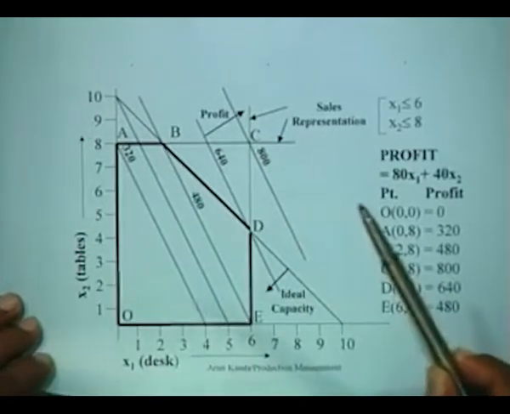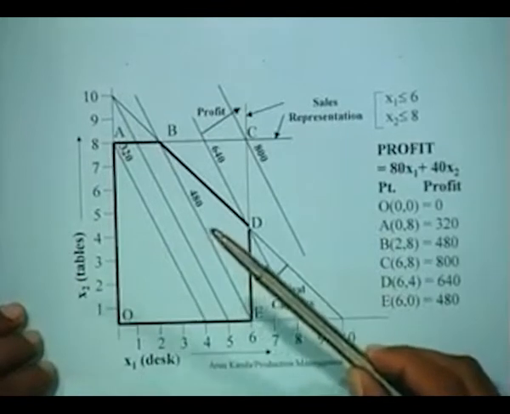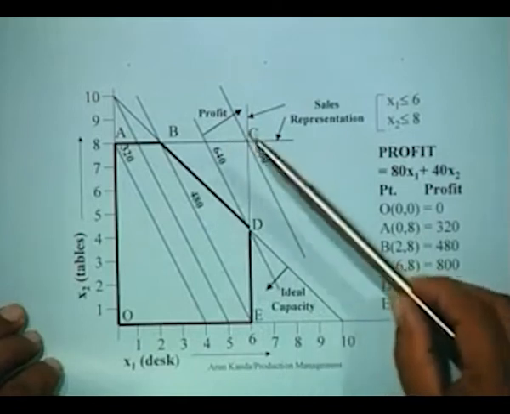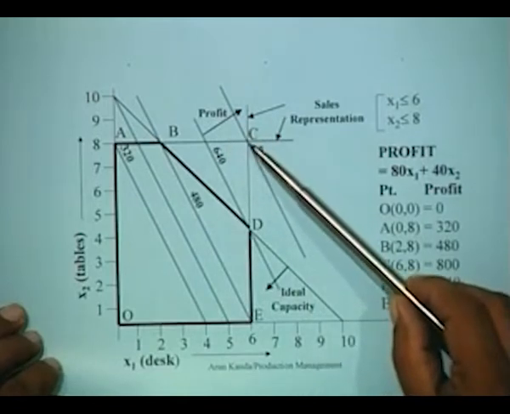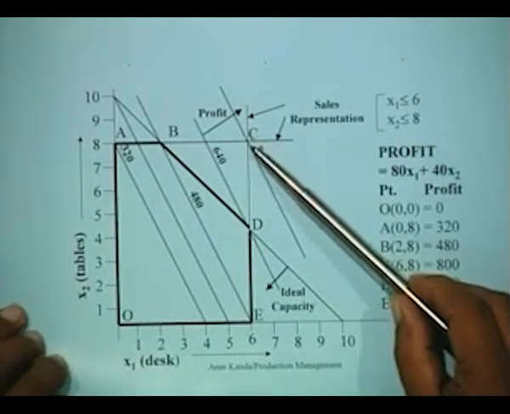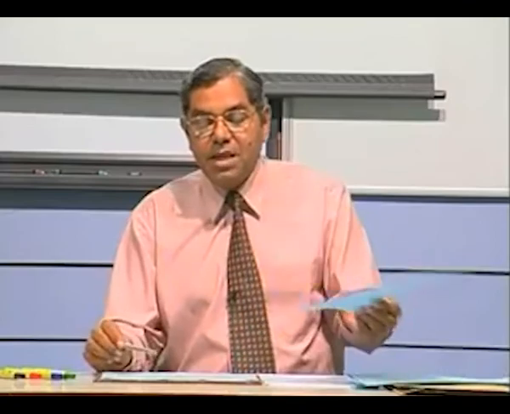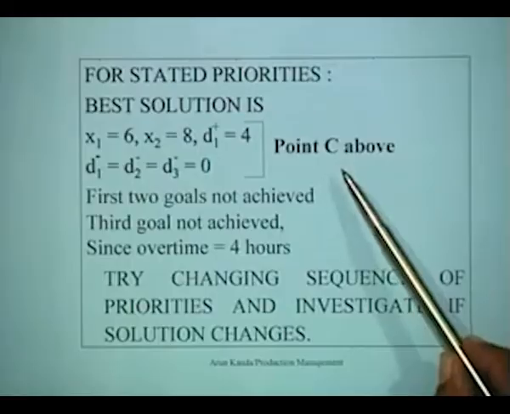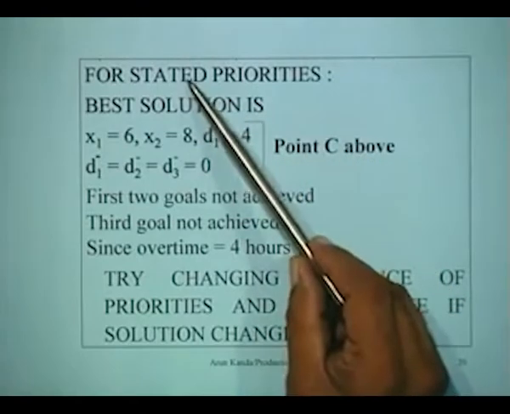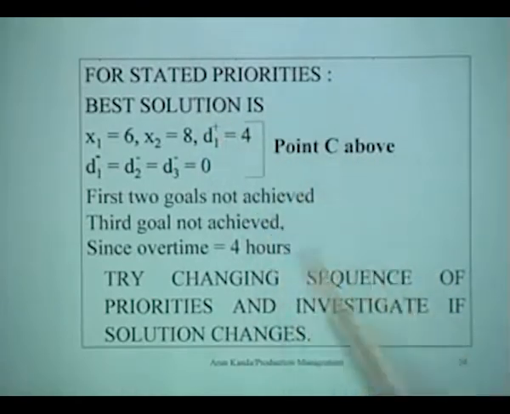Since the priority said that we don't want to underutilize our capacity, that means there is no implicit bar on overutilizing the capacity, either through overtime or through subcontracting or whatever. In that case, point C would become the point which would be the best solution for the stated priorities.